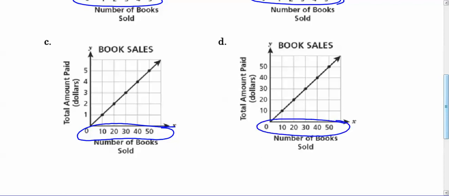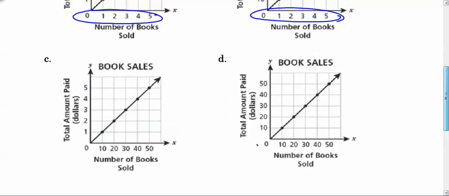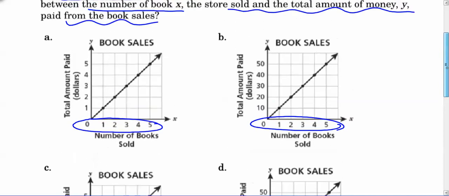So you've really got to pay attention there. We're also going to look at the y-axis, and it says total amount paid in dollars. So here on choice C, it's going up in increments of $1 per book. We've got to be really careful about this, because this is a really easy question, one you don't want to miss for something as silly as not reading the x and y axis labels.